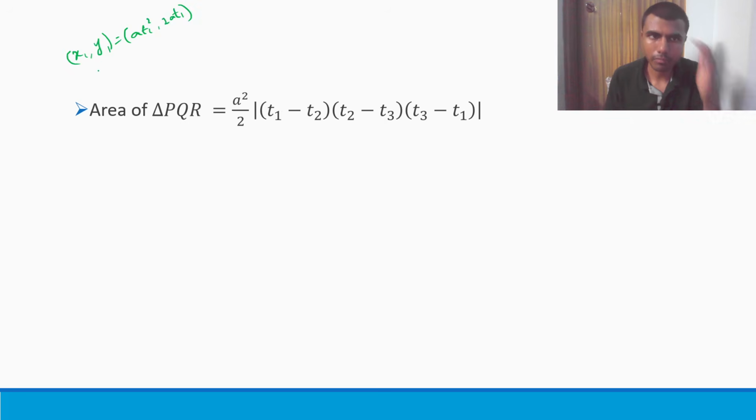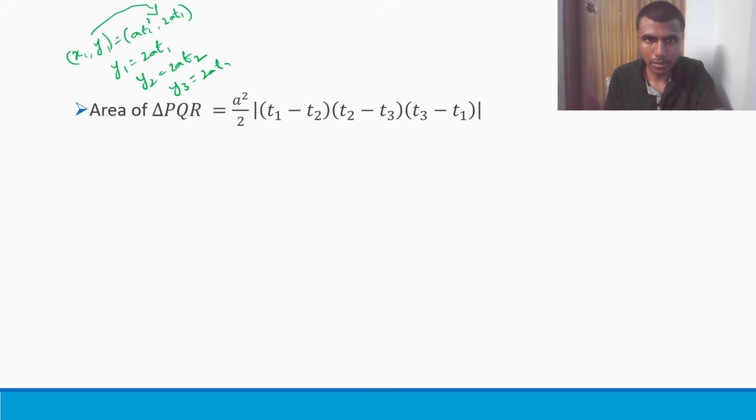So y1 is nothing but 2at1. y2 is 2at2, and y3 is 2at3. This is there in the first step.